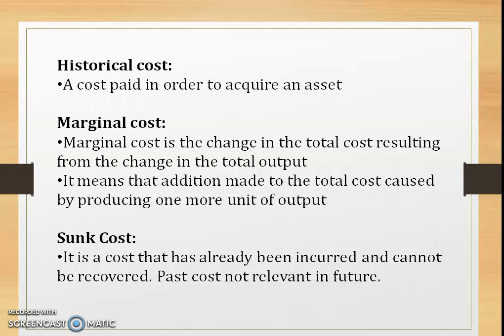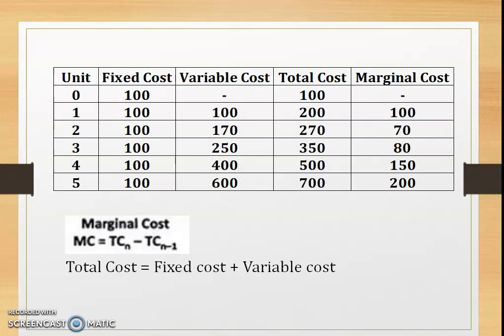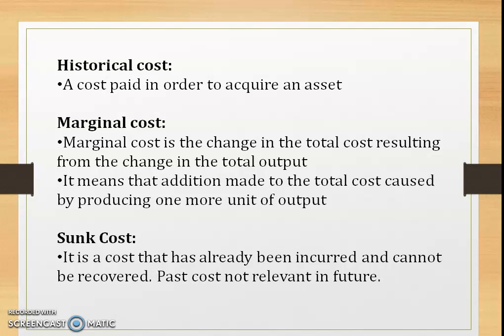So that's what it says: the past cost is not relevant in the future, as it cannot be recovered. The sunk cost is also called retrospective cost. So the sunk cost has been explained here.